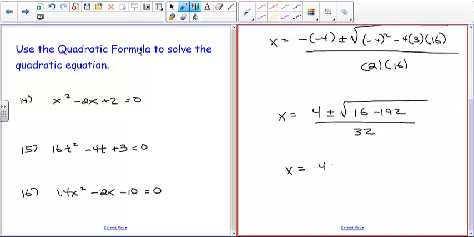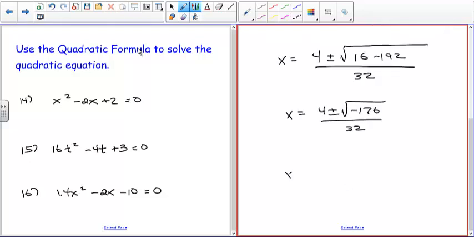So we get 4 plus or minus the square root. So 16 minus 192 is negative 176. So minus 176, all divided by 32. Which I get 4 plus or minus the square root of 176 times the square root of negative 1, all divided by 32.